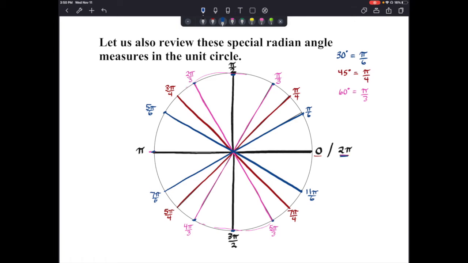So those are the radian measures and the special angles that we tend to use the most with our unit circle. Okay, now some special things to remember. Take a look at your denominators as you move away from the x-axis. All of our 6ths are the closest angles to it. Then, as we go a little bit farther away, our denominator decreases, we're at our 4ths.